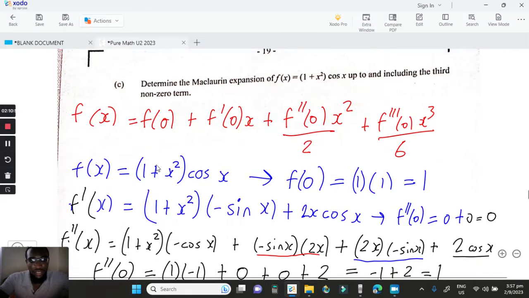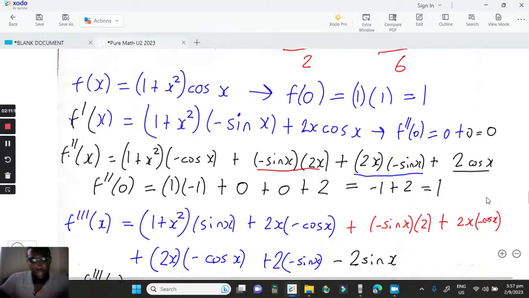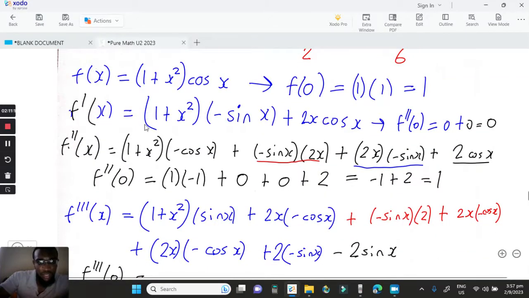1 plus x squared cos x. Keep the first, differentiate the second, plus keep the second, differentiate the first. Good. Plug in the zeros. Sine 0 is 0, so this part is 0. And 2 times 0 is 0, so this is good. Then now, second derivative, making sure no error.